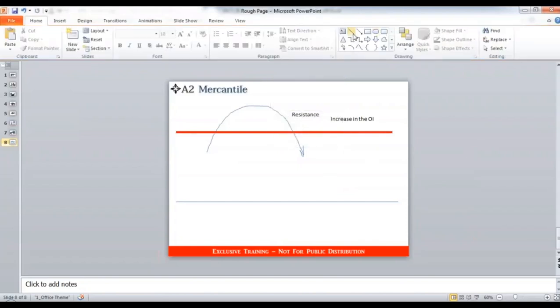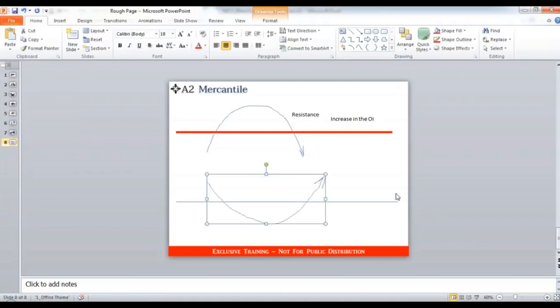The same way, this is the low of any day. If the price goes like this and it returns back like this, the next day it goes down and it comes back up, can you consider this to be a support?